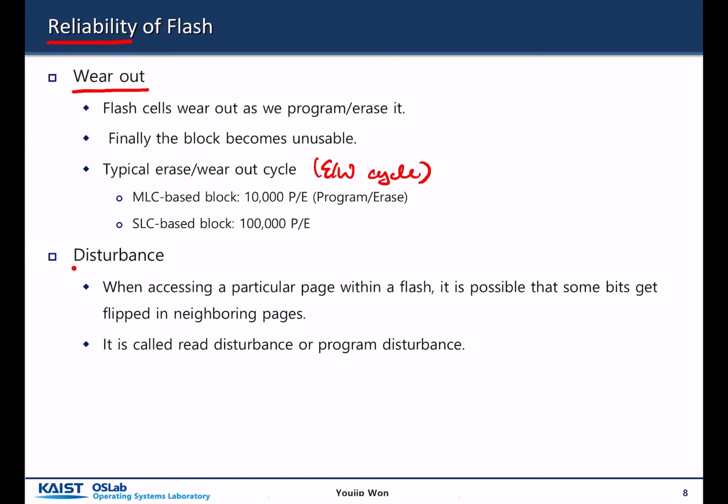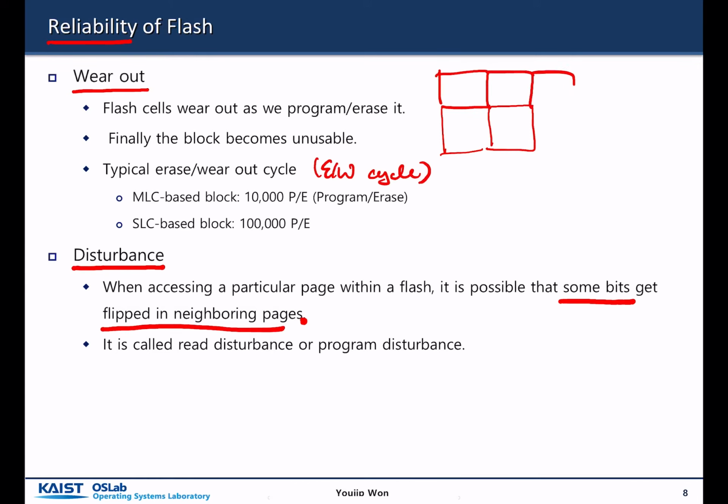Next thing is disturbance. When accessing a particular page within a flash, it is possible that some bits in the neighboring page may get flipped. That's a very interesting phenomenon. For example, if you read this cell, then the operation of reading this cell may change the status of neighboring cells, these cells.